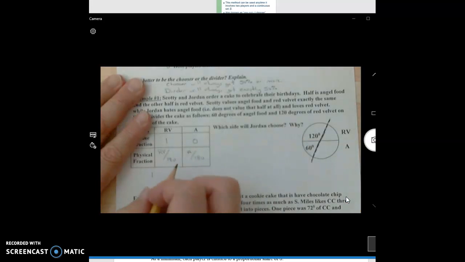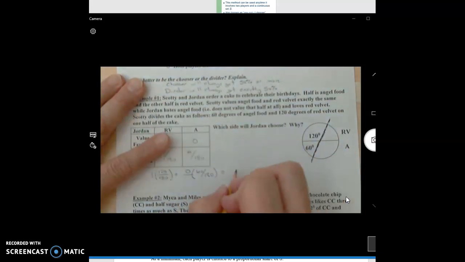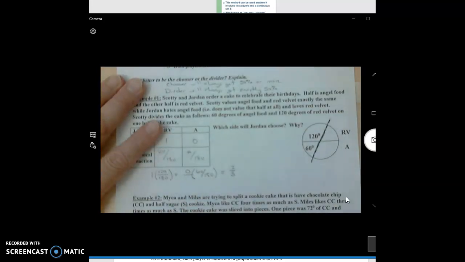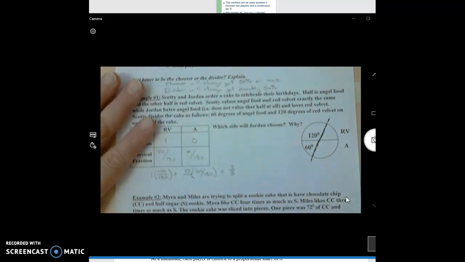So it'd be 1 times 120 over 180 plus 0 times 60 over 180. And that's going to turn out to be 2/3.